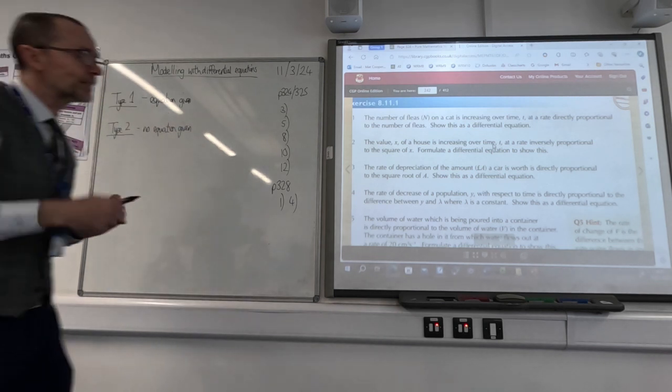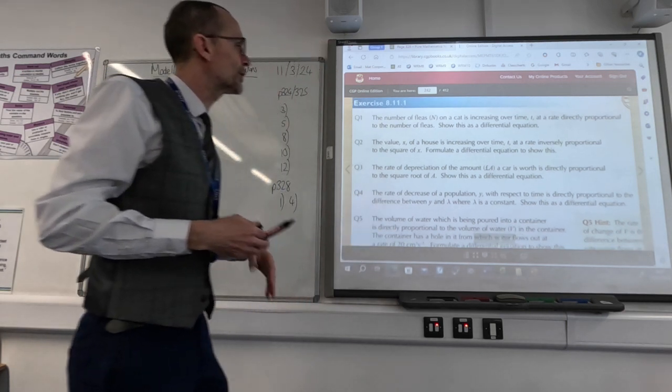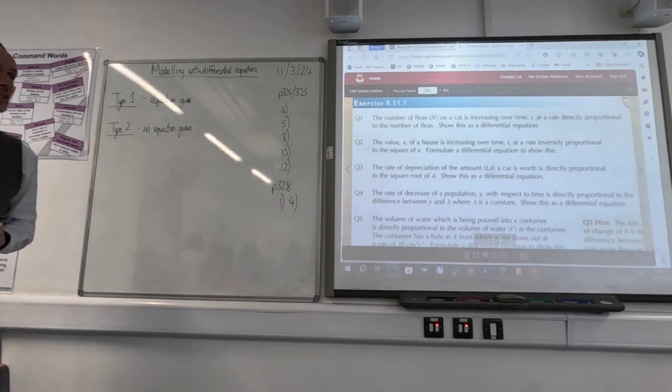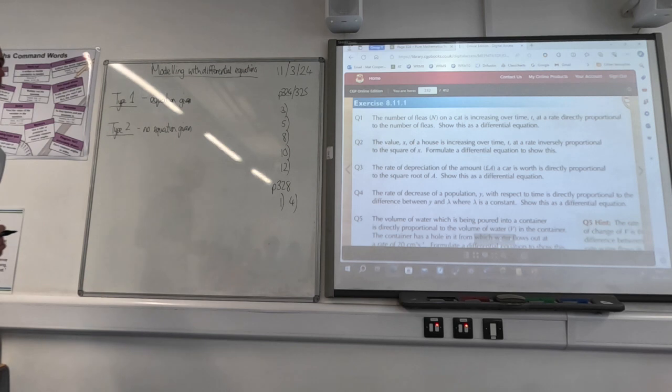And so these questions are all questions where we're told about the rate at which something is changing, and we're asked to write a differential equation. Interestingly, we're not asked to solve it. So if this was part A of a question, and it just says, show this as a differential equation, we're not being asked to do any sort of integration at all, no separating of variables. This takes us back to GCSE.